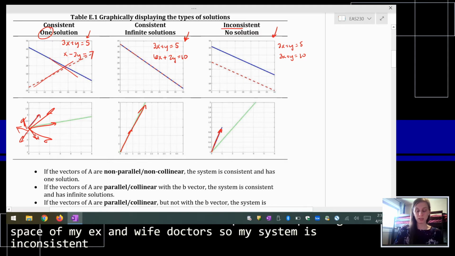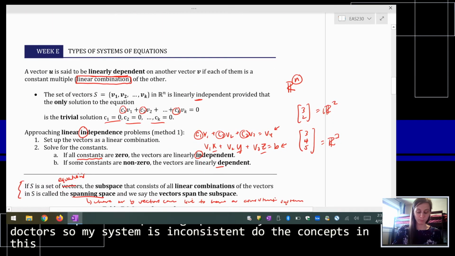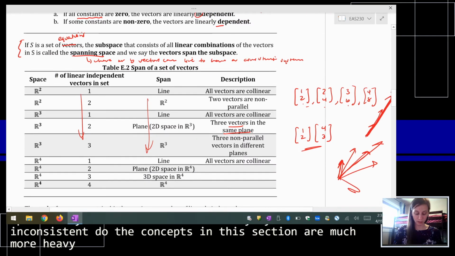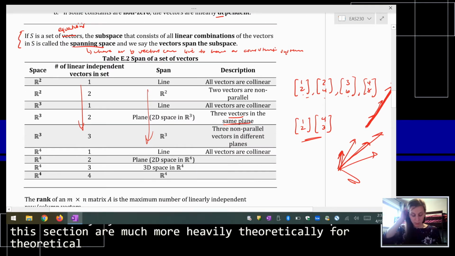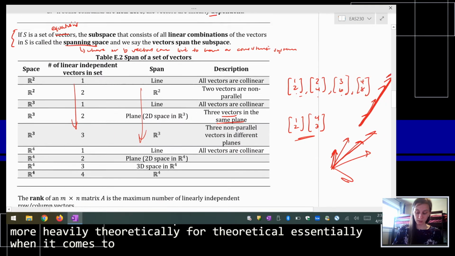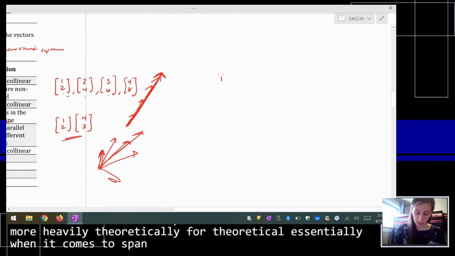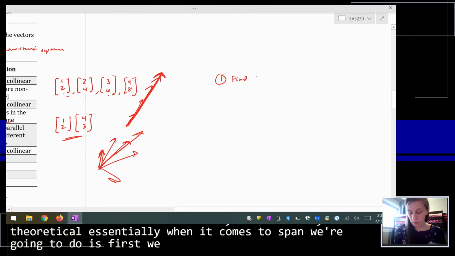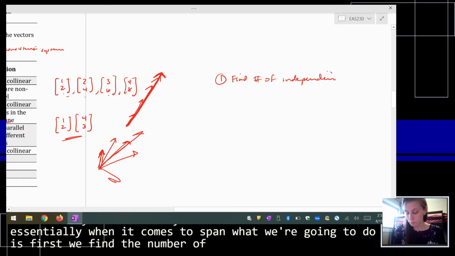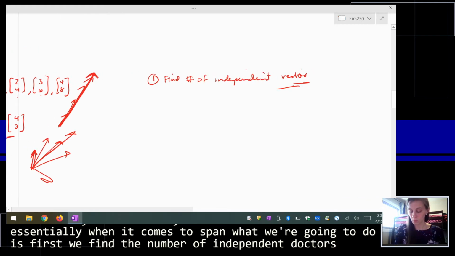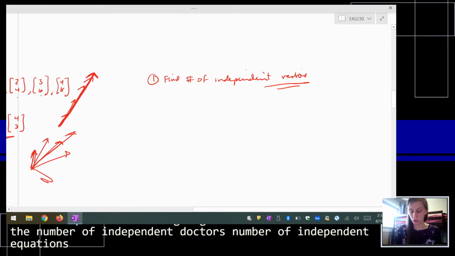So the concepts in this section are much more heavily theoretical. But essentially when it comes to span, first we find the number of independent vectors, the number of independent equations we have essentially.